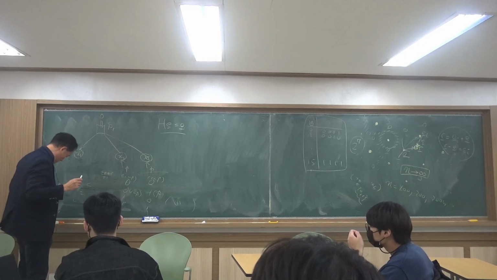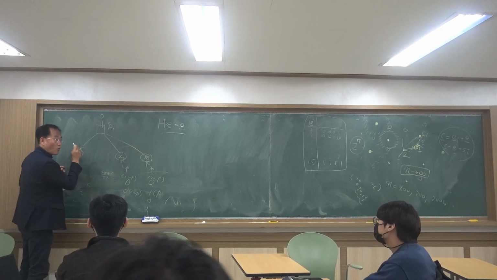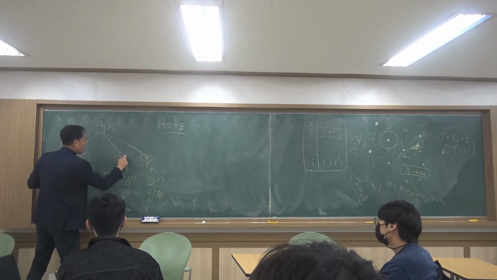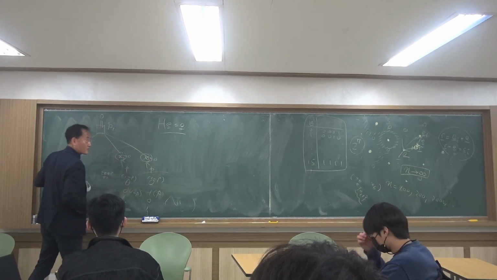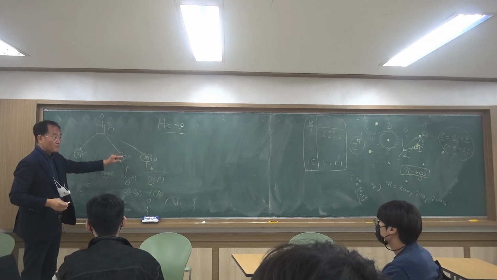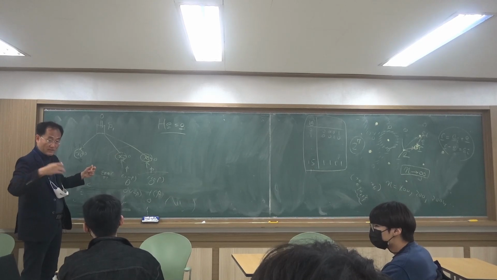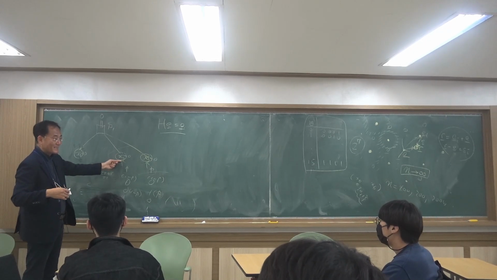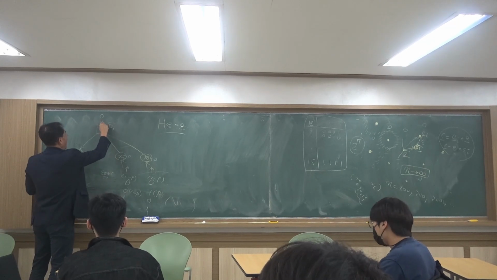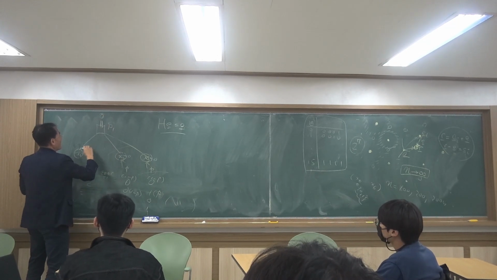Let's suppose that the all-zero codeword was sent. This one was 0, this one was 0, this one was 0. And then if there was an error, this one has been flipped, right? If there was an error during the channel, right? That's what I'm saying. Okay? And then I want to have this satisfied with 0.